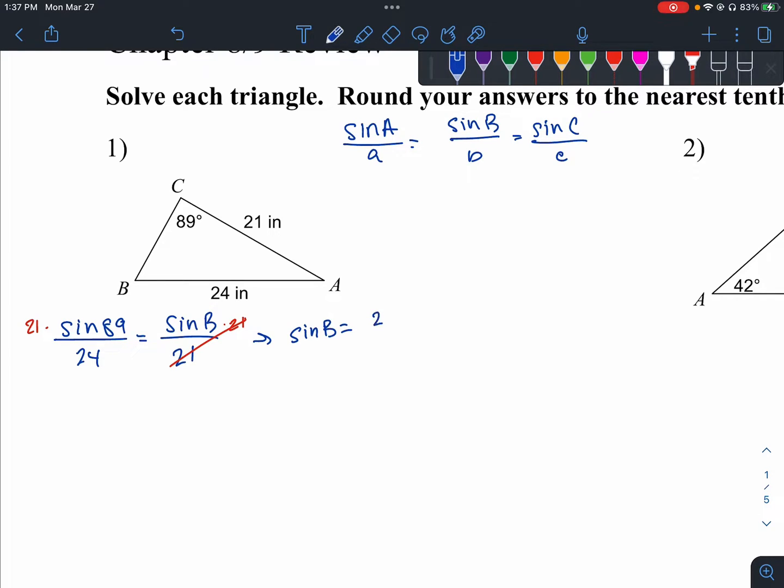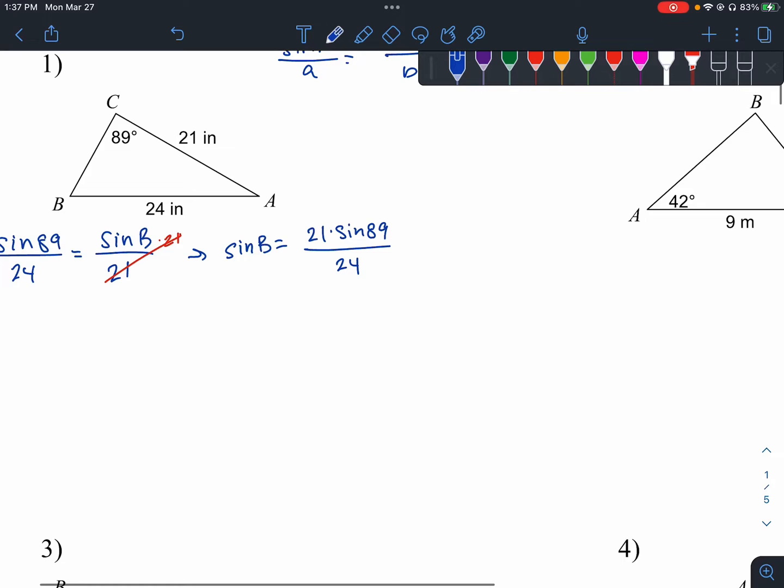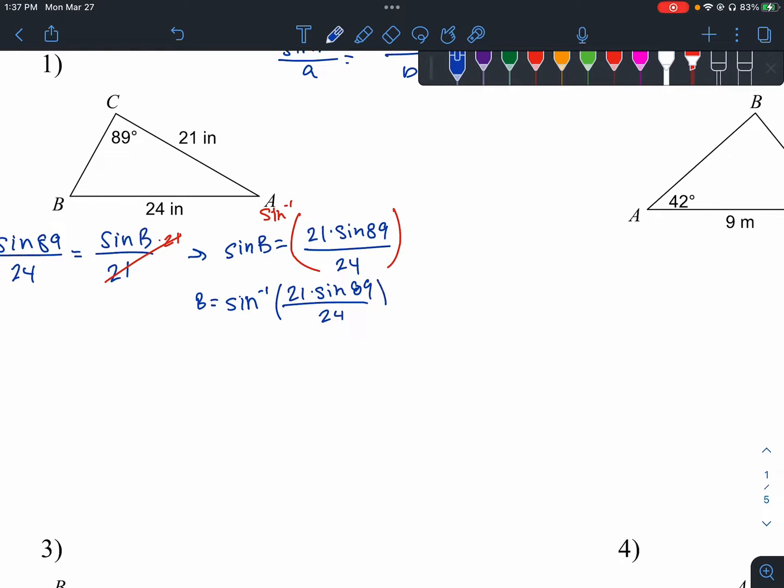On the other side, I'm going to have 21 times sine of 89 divided by 24. Then to solve for B, I'm going to have to use sine negative 1 on both sides. So B is equal to sine negative 1 of 21 times sine of 89 divided by 24.